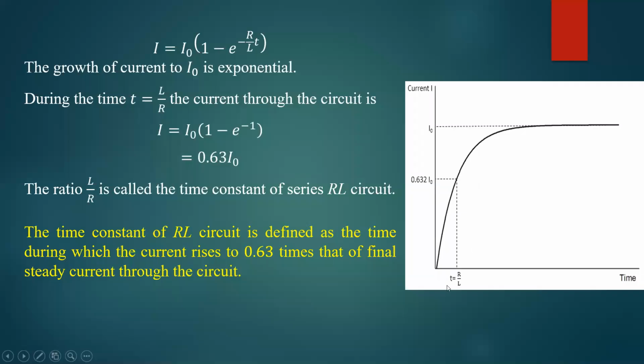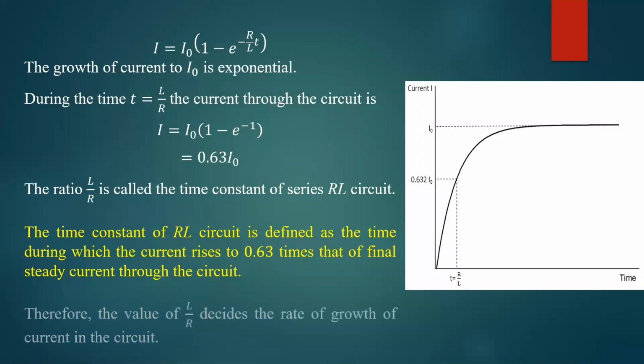This particular time, L by R, is called the time constant of the RL circuit. That is how we can define the time constant of the RL circuit.